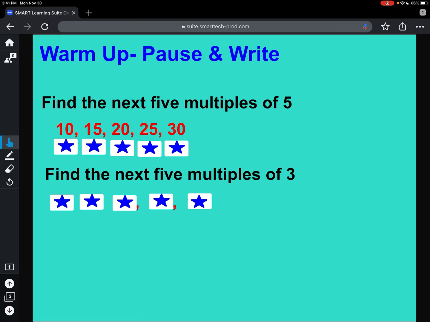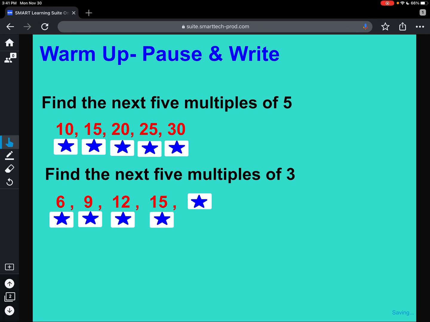The next 5 multiples of 3 are 6, which is 3 times 2, 3 times 3 is 9, 3 times 4 is 12, 3 times 5 is 15, and 3 times 6 is 18. How'd you do?